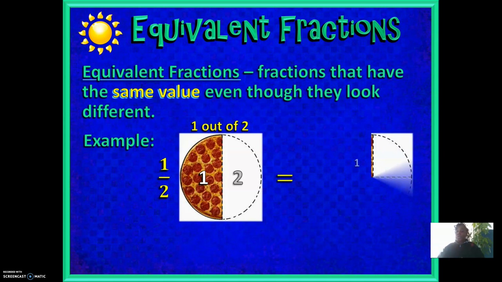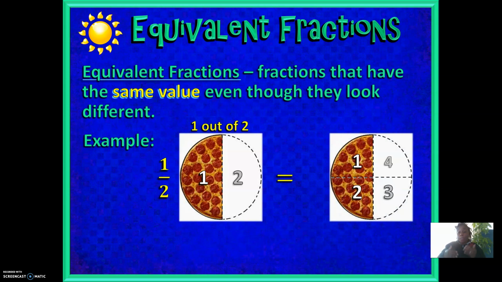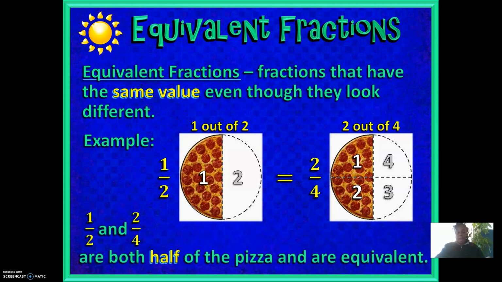Well, that's equivalent to 2 out of 4 pieces remaining, or 2/4 of the pizza remaining. One half and 2/4 are both half of the pizza, and they are equivalent.